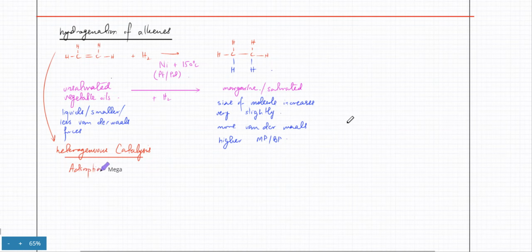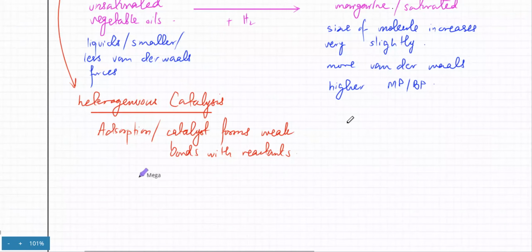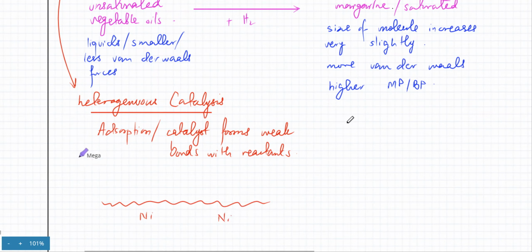Now, adsorption is that the catalyst forms weak bonds with reactant molecules. What happens in adsorption is, and remember it's with a D. So you have this nickel catalyst, and this is the surface of nickel.